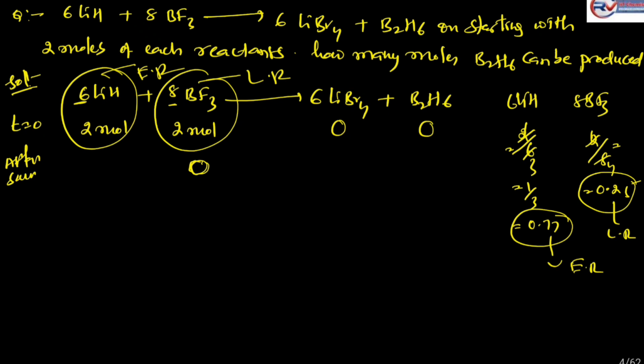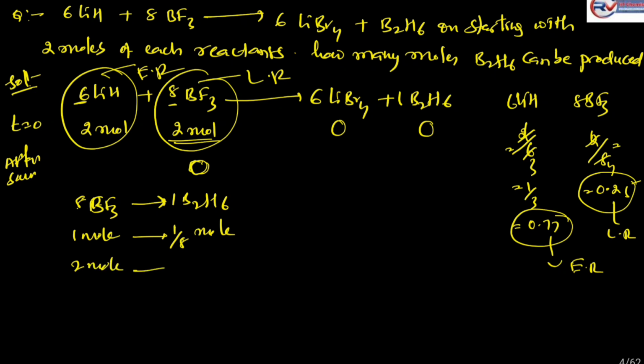Let's find how many moles of B2H6 are produced. 8 moles of BF3 give how many moles of B2H6? 1 mole of B2H6. So 1 mole of BF3 gives 1 by 8 mole.